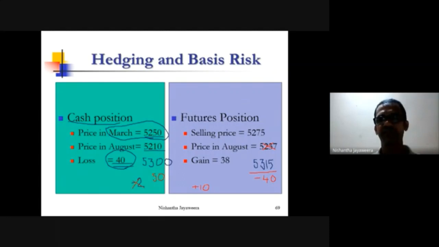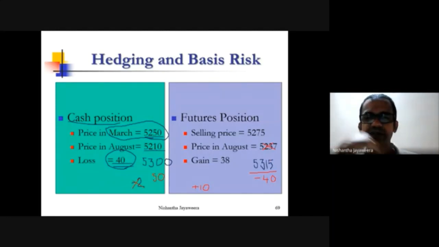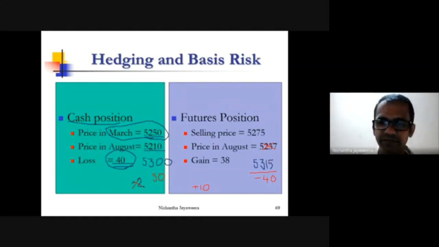Generally this won't happen, because I just arbitrarily said it might be 318 or 322. In general, we should not get a profit this much.